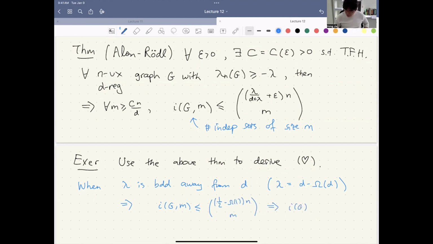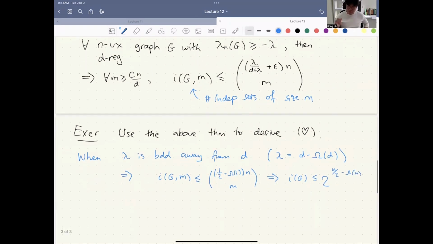We get I(G) is at most 2 to the (n over 2 minus some constant times n).